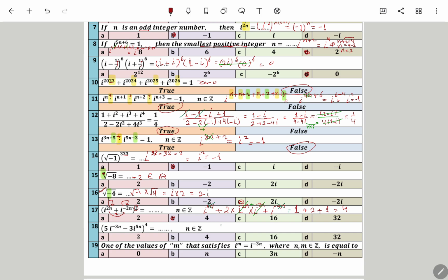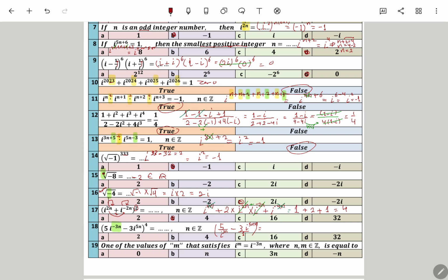Or another way, you can have 5 over i to the power of 3n, because when you are moving the powers from up to down, you can change the sign only. Then minus 3i to the power of 5n. I can make this over 1, and I'm still inside the bracket to the power of 4.